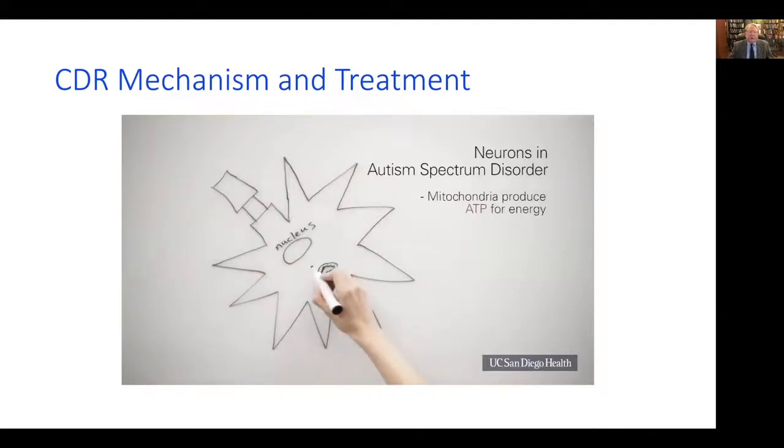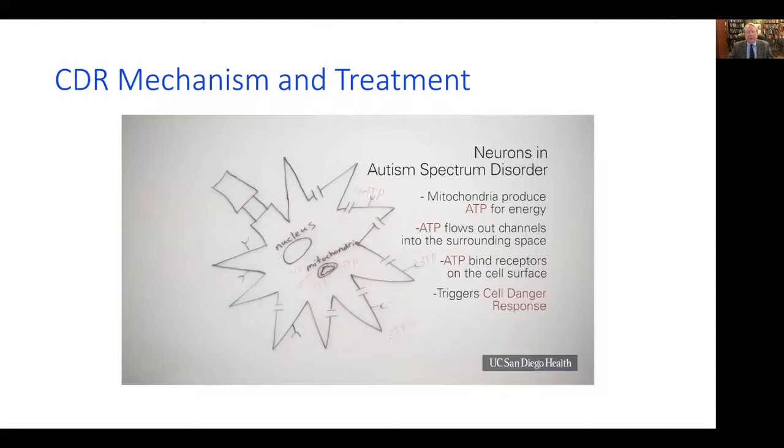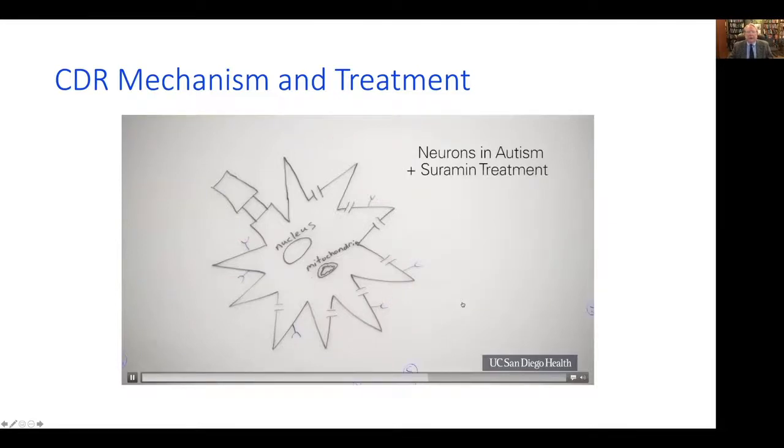So here's a neuron, a nucleus, and mitochondria. And those mitochondria will make ATP that under stress conditions can be lost through opening up of these channels in the membrane. And when they do, they can bind receptors that send messages to the nucleus that trigger cell danger and the survival mode of those neurons.